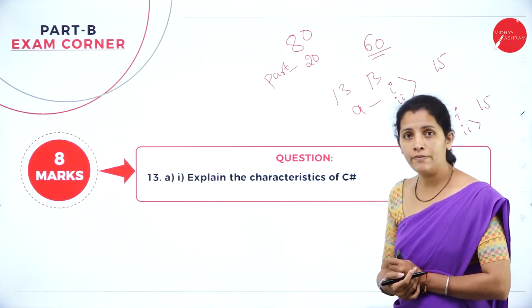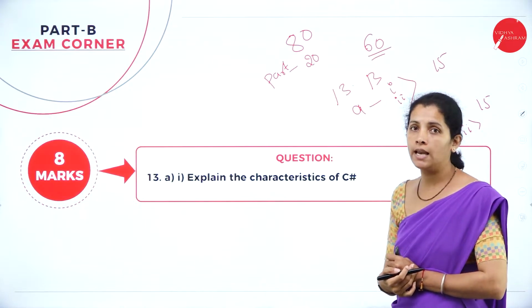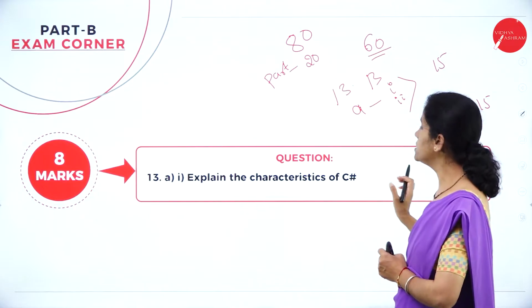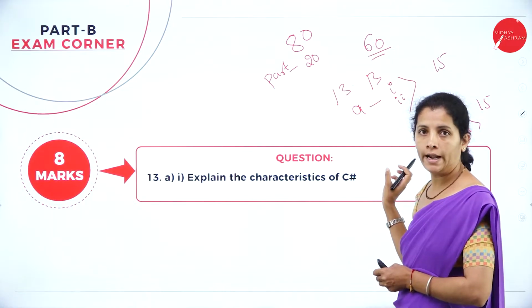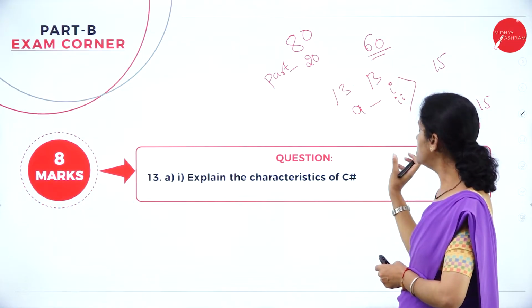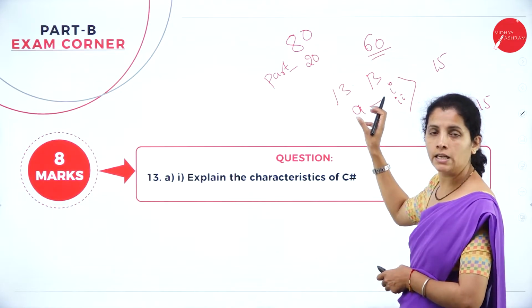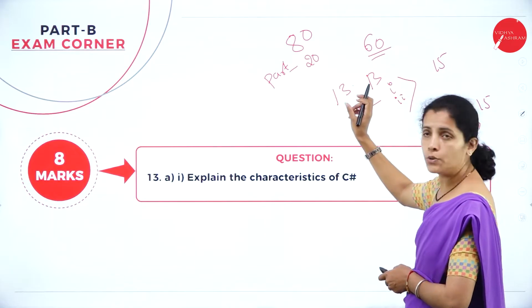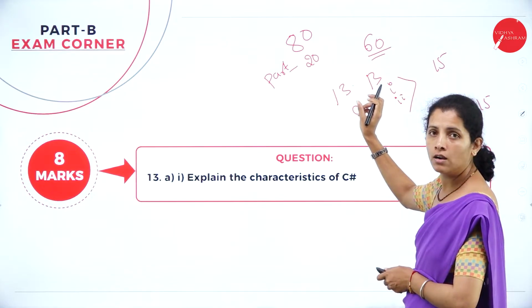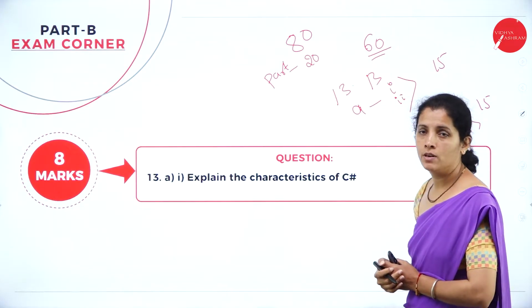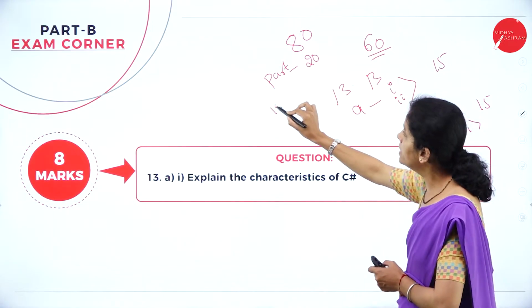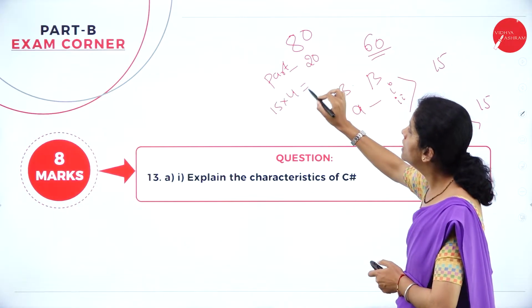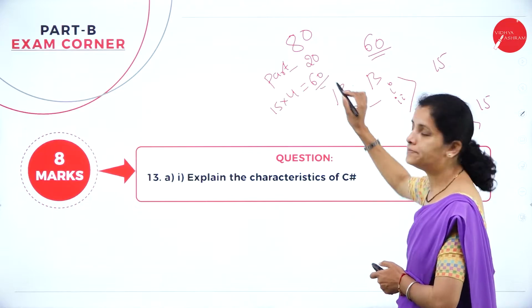It's left to the student to select which option they want to attend, that is, either A or B. But the 13th question is only for 15 marks. So 15 into 4, it is 60 marks.